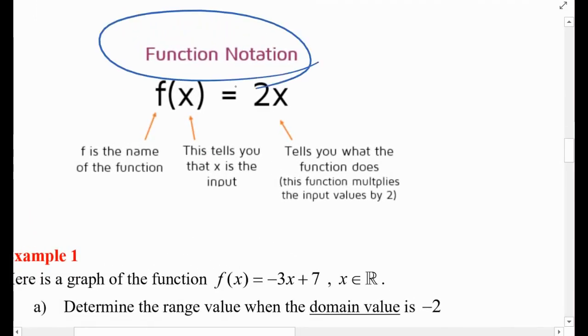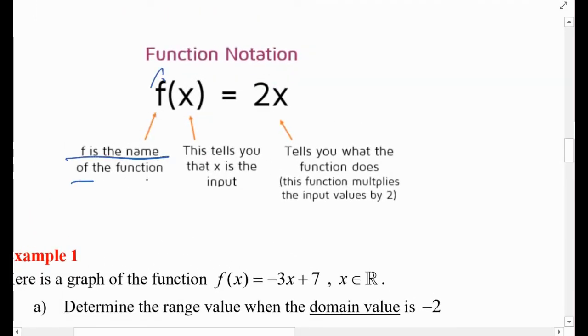Function notation summary. F is the name of the function. It can be Z or it can be G. So this is the name of the function, and this tells you that x is the input. So you plug the input into the bracket, and this is the rule for the function machine. It tells you what the function does. So this function multiplies the input value by 2.